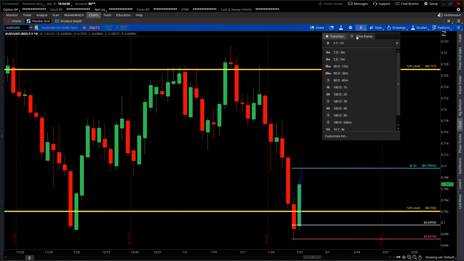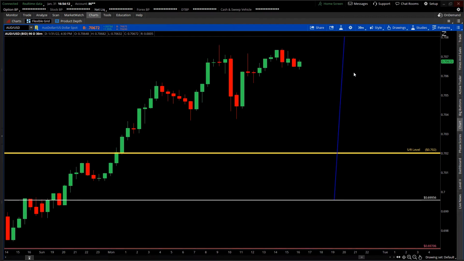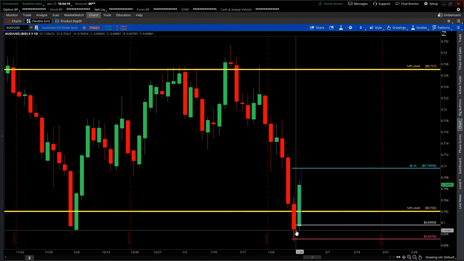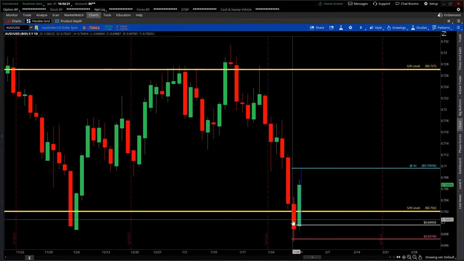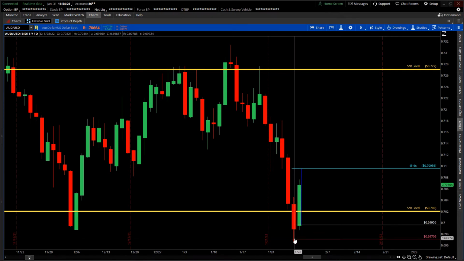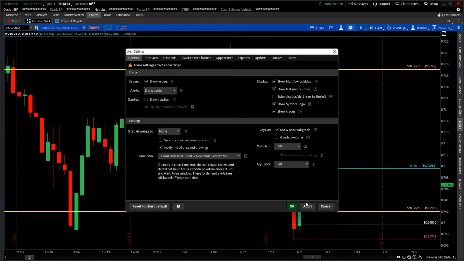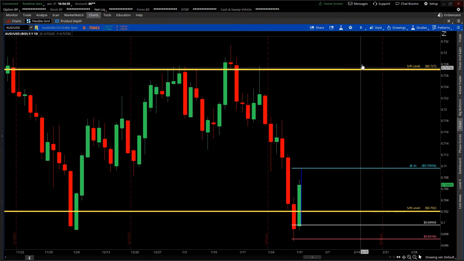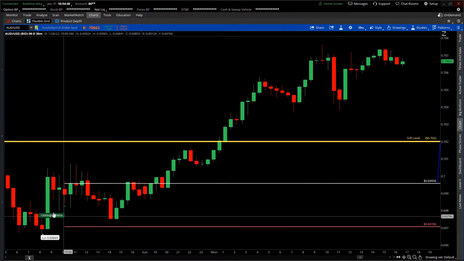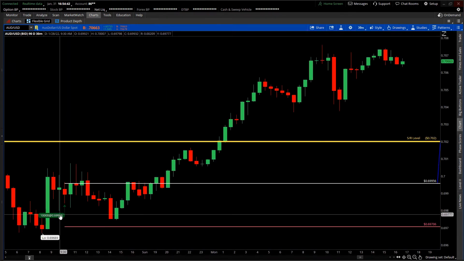So I'm going to zoom in at the 30-minute time frame. Well, let me go back to the daily. So as price was coming down and hit this low, when price came back up, forming this wick, that's when I took a long position. So if I show trades, and if I zoom in at the 30-minute time frame, here's my confirmation bubble right here.